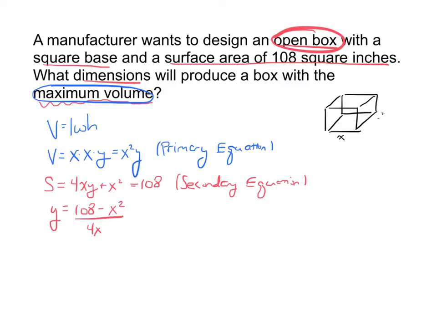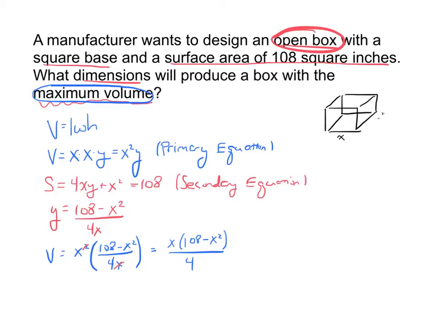So our primary equation becomes V equals x squared times y, which is 108 minus x squared over 4x, or we can cancel one of these out and get x times 108 minus x squared over 4.